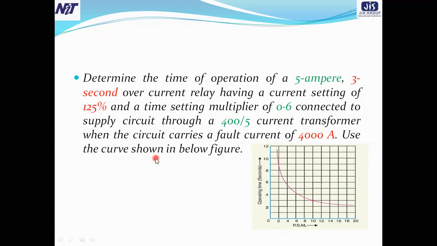Use the curve shown in the figure below. With the help of this curve, we already solved the problem in the previous slide. For this case, we have to determine the time of operation, and all the values are given.